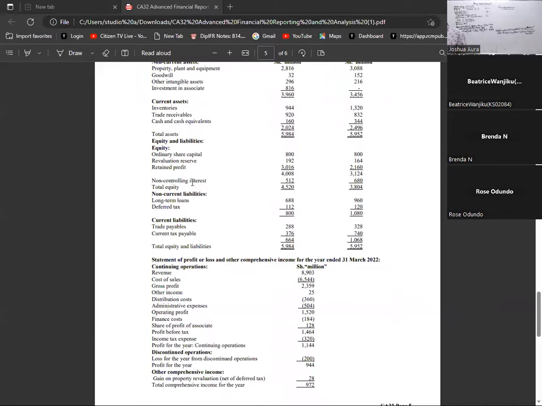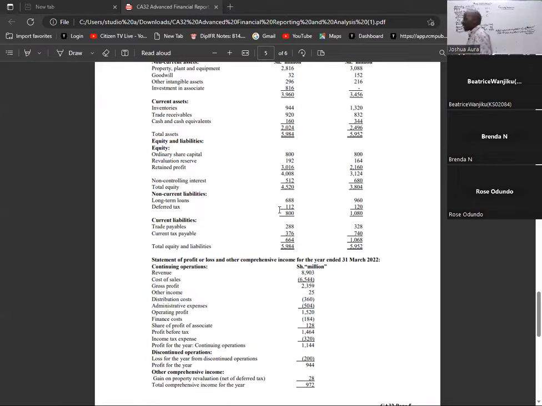So now I want to know whether we issued any share capital. You can see share capital, there's nothing. 800, 800. Look at long-term loans, the way of financing ourselves. For long-term loans, we had 960, and by the end of the year we had 688. So I'll talk of 960 minus 688.